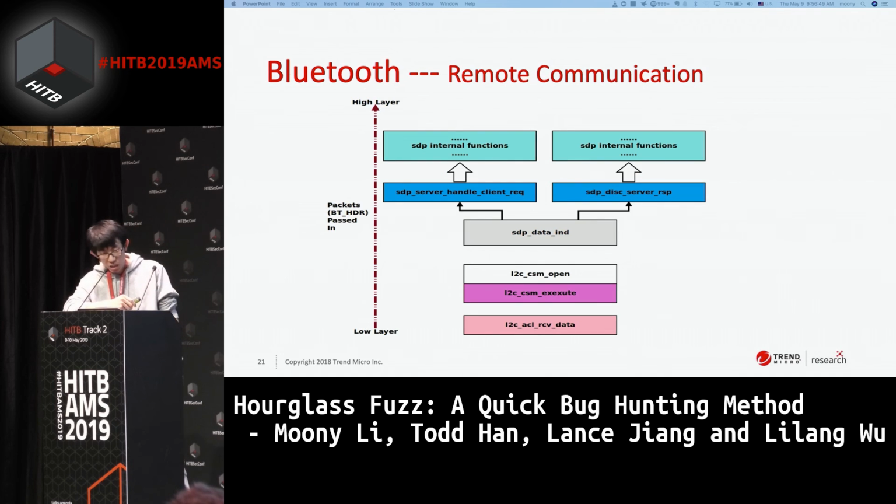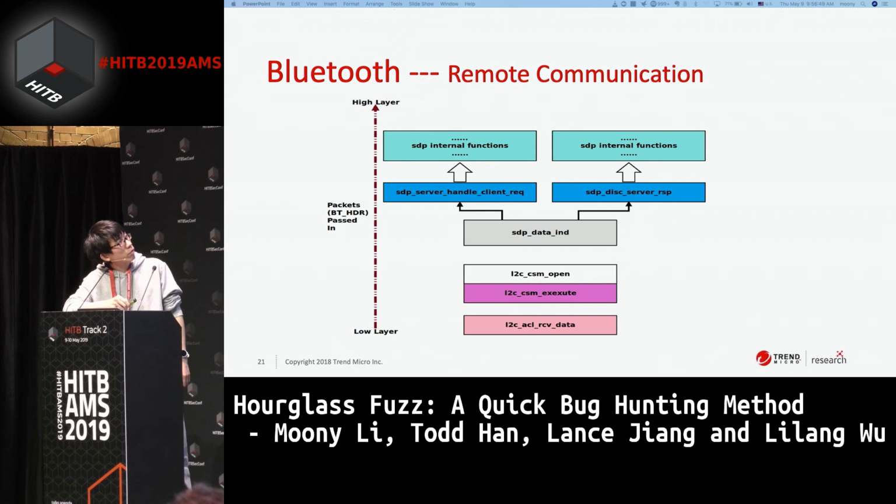And this is another scenario for SDP, the Service Discovery Protocol communication. This figure gives us a full view of how the packet is routed when it's received. First is the message process loop, and then the callbacks will pass it to L2CAP, and in the L2CAP, just like here, the execute functions will examine the channels of our SDP, and finally, if it's open, then the open function works.